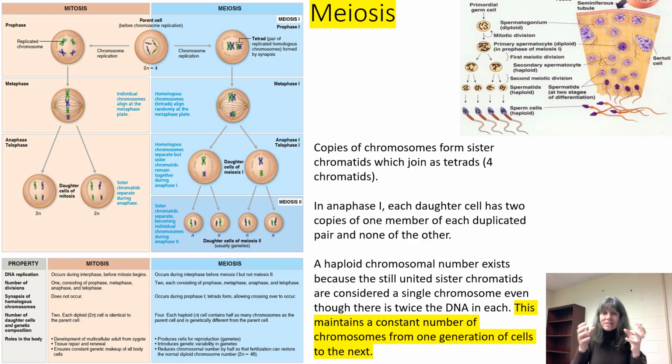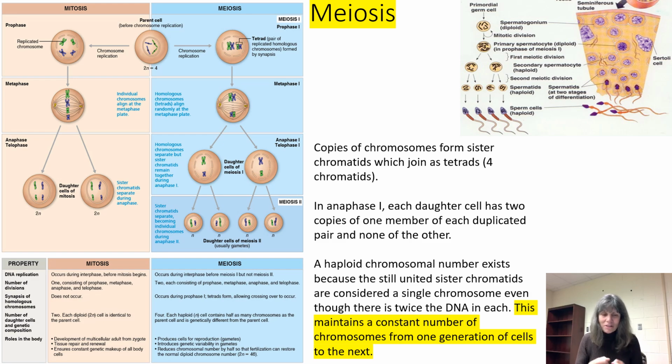And when those get split in meiosis 2, that's how we generate a truly haploid gamete. And that's what happens in meiosis 2.